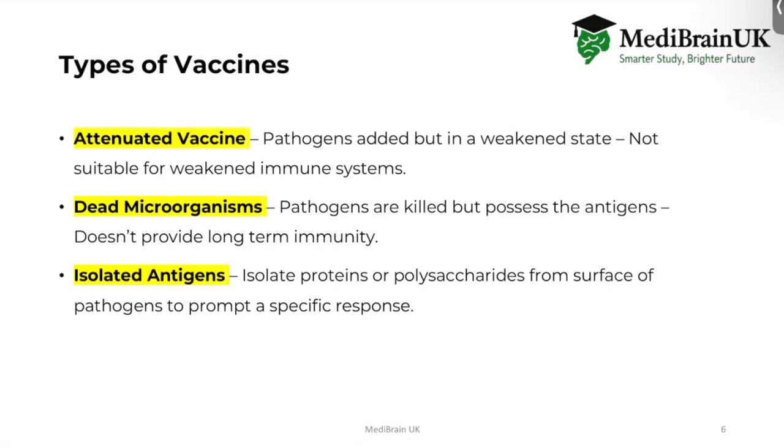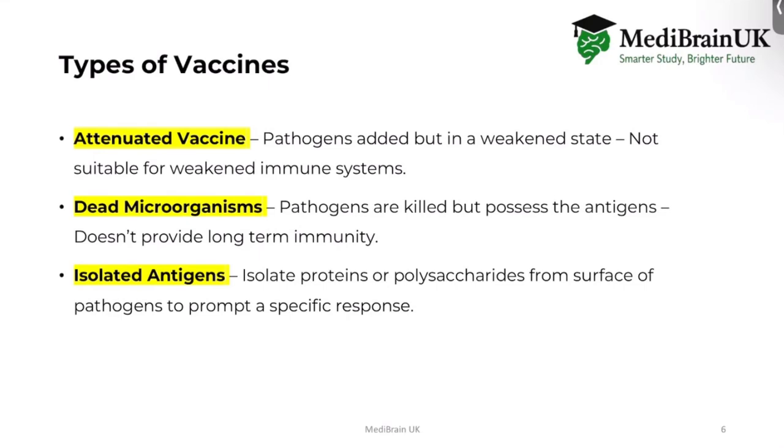You have the dead microorganisms where the pathogens are killed, but the antigens are present, so your body can produce its own antibodies and its own plasma memory cells as well. However, because the microorganism is dead, this doesn't provide long-term immunity.